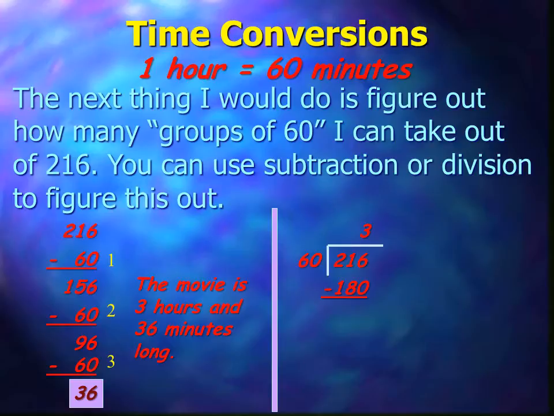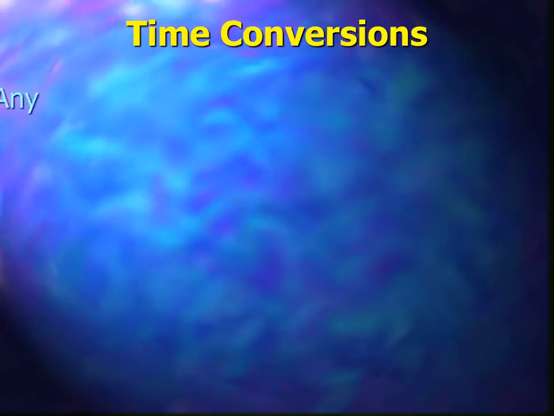Now 216 subtract 180 is 36. That is the remainder yet again. So on the top of the frame I have 3 hours, and the remainder is 36 minutes. So I get 3 hours and 36 minutes once again.